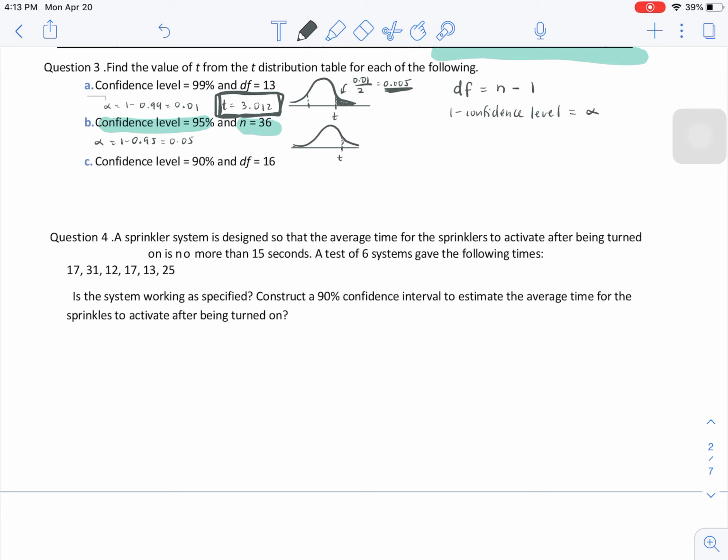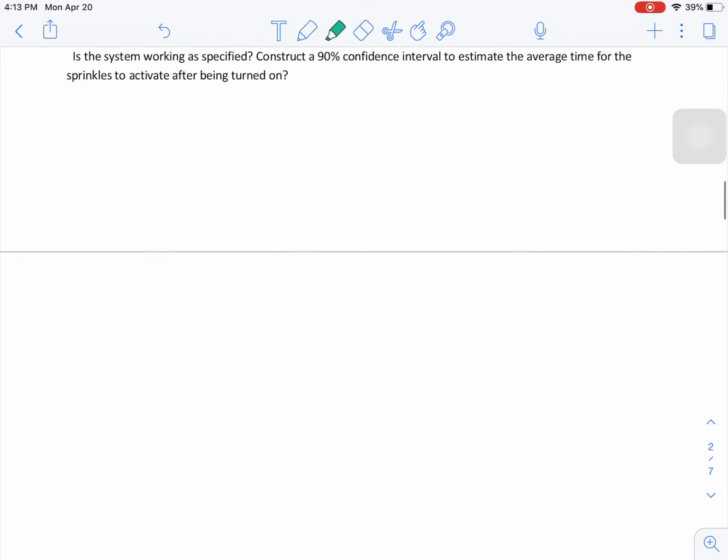So the area to the right, area in just one of the tails is 0.05 divided by 2, which is 0.025. Then I don't have degrees of freedom, I have my sample size. But remember that degrees of freedom are just equal to the sample size minus 1. So I know that my degrees of freedom is just 35. And I need the degrees of freedom for reading the t-table. So I have my area to the right, 0.025, my degrees of freedom of 35.